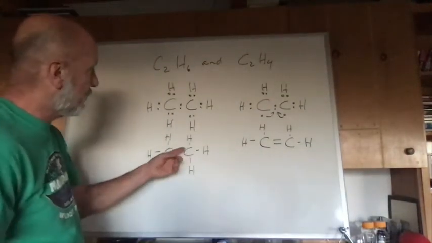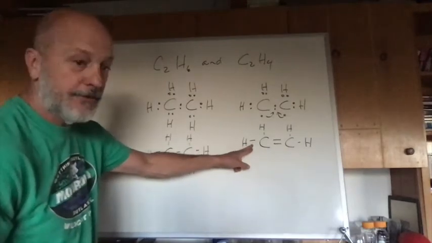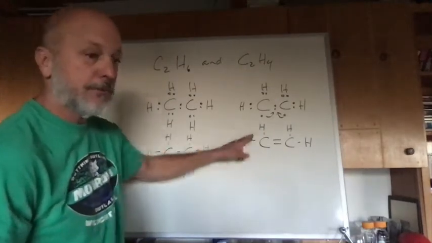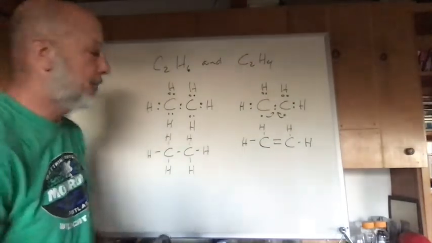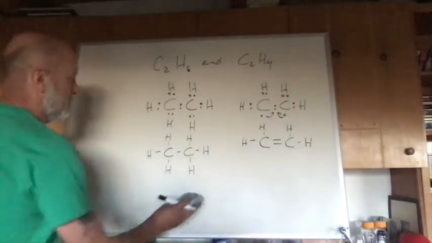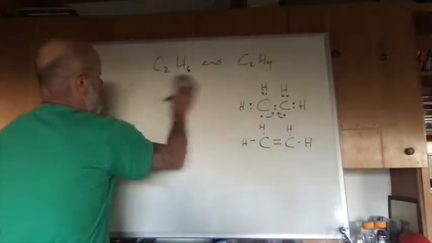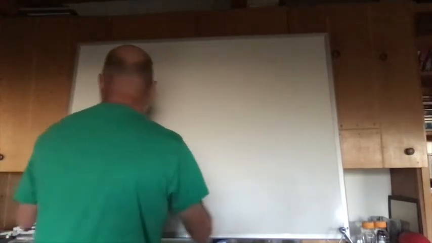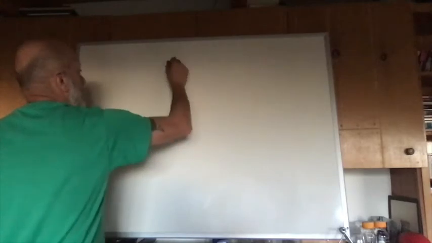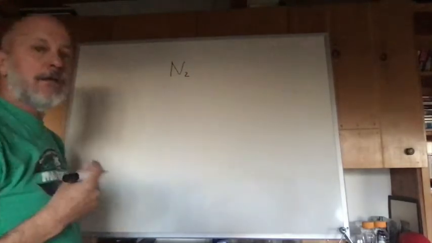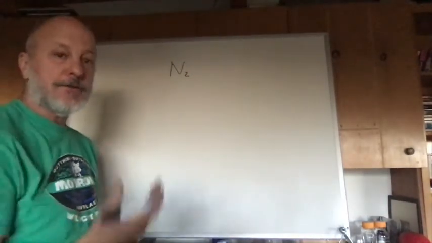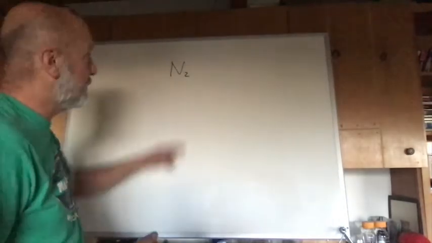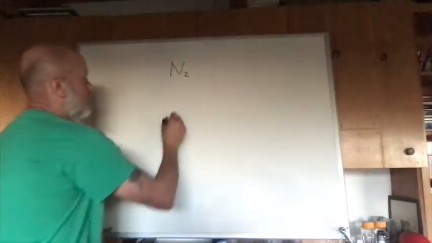So there are single covalent bonds, like I'm showing here, and this molecule has some single covalent bonds between carbon and hydrogen, and double covalent bonds. There are also triple covalent bonds. The main substance in the atmosphere is nitrogen gas. 79% of the atmosphere is nitrogen gas. 2 nitrogens.